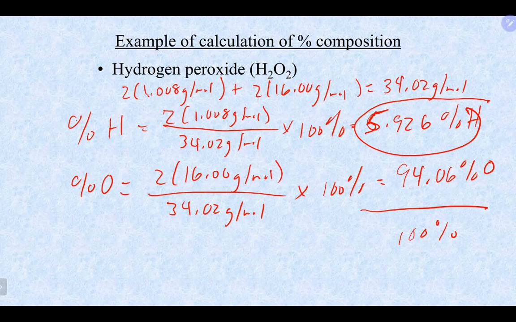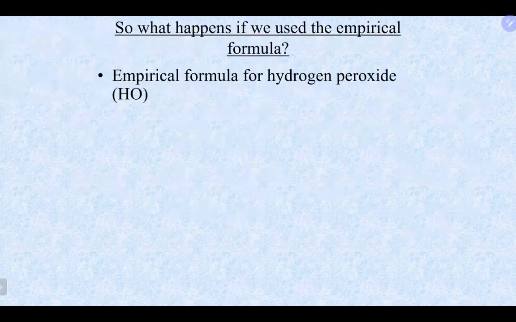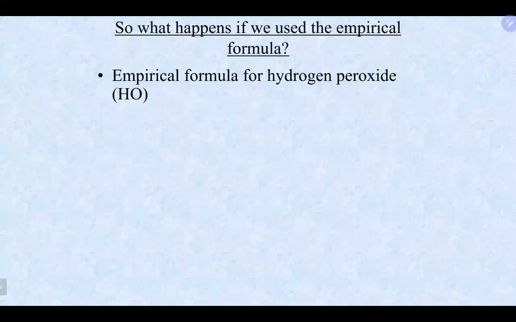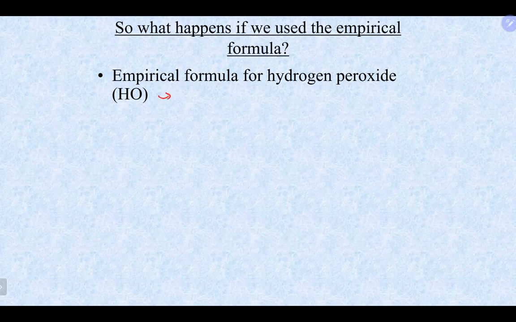So this is H2O2, which is the molecular formula for hydrogen peroxide. Let's take a look at what would happen if we did the same percentages for our empirical formula. Would they be the same or would they be different? So let's take a look and see. For the empirical formula, we would get the molar mass, which in this case would be 1.008 grams per mole plus 16 grams per mole.